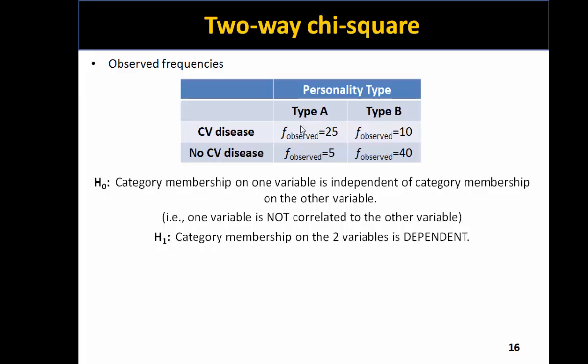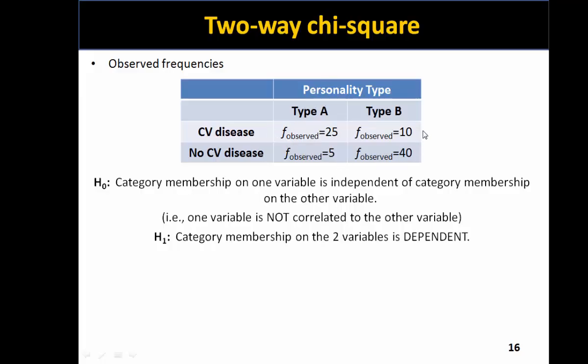With a two-way chi-square, although we won't be covering the mathematical approach in answering this question, it would be somewhat similar to the one-way chi-square. The important element of a two-way chi-square is that we're able to examine two independent variables simultaneously by examining how those two independent variables interact with each other.